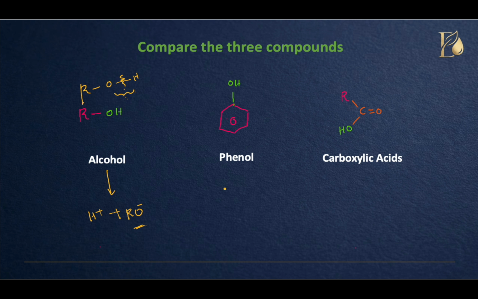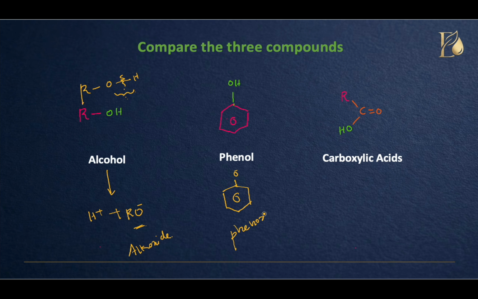Now, in case of aromatic compounds, what will be the conjugate base? The conjugate base will be a phenoxide ion. This is the alkoxide ion, and this is the phenoxide ion.